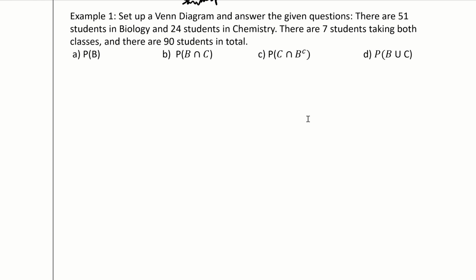So let's set up a Venn diagram first, and then we can calculate the probabilities. We're looking for B and C. We're going to say this event B are students taking biology.